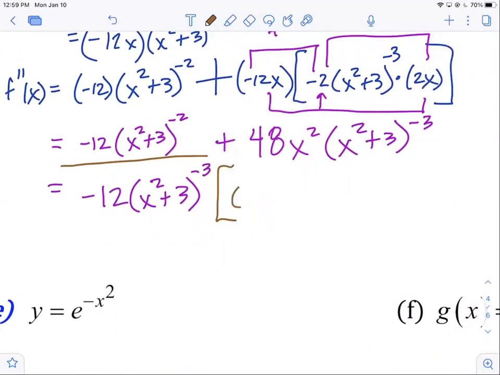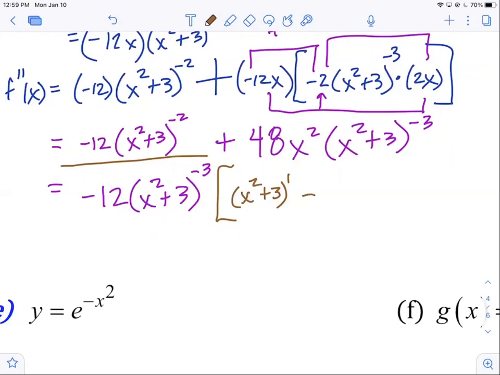And then what part of the (x squared plus 3) are we going to be left with? Well, again, imagine there's a division bar. When you're dividing and the bases are the same, you subtract. -2 minus -3 is really -2 plus 3, which is 1. If you factor out enough least powers, you'll see that that one on the inside, especially when it's coming from the power rule, should end up being nice.